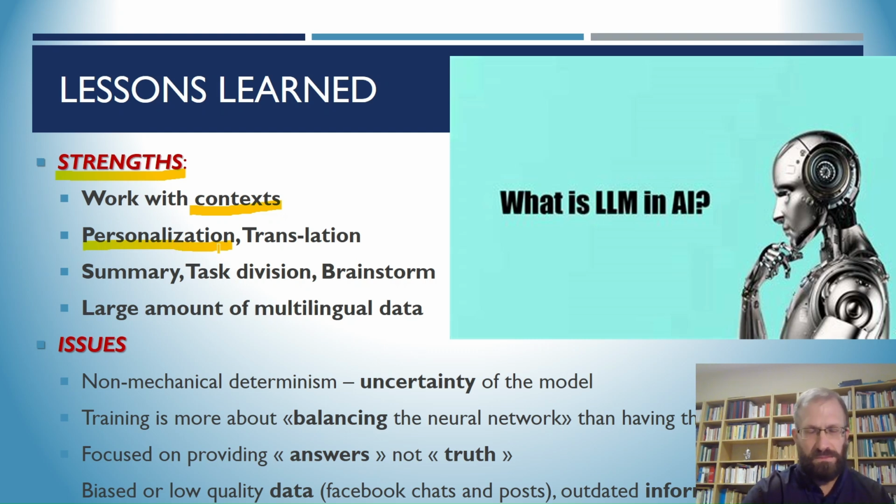For example, DeepL translation is already a neural network translation, which is also considering the context. ChatGPT, Gemini, and other kinds of LLMs are also translating with an awareness about the context. So those are tasks where we can leverage the strength of an LLM.